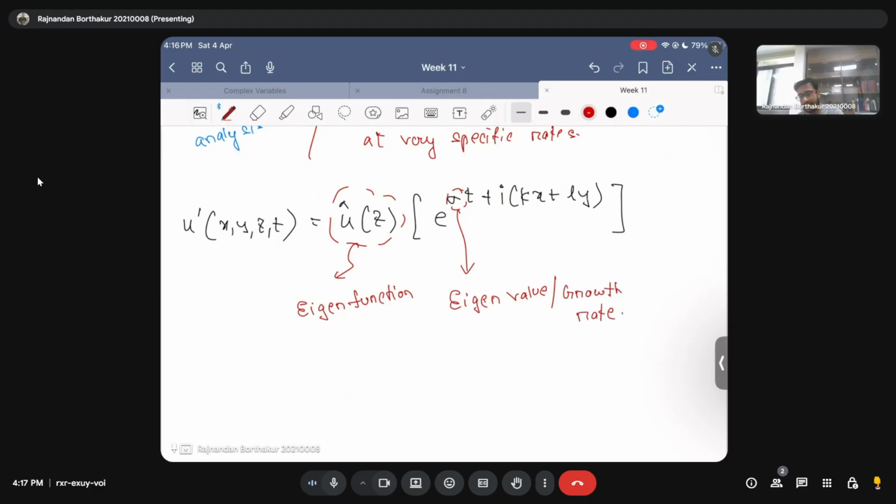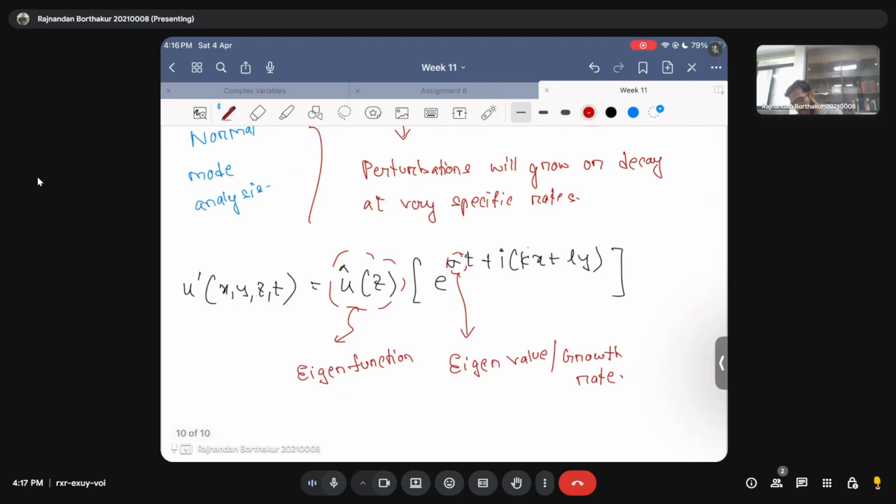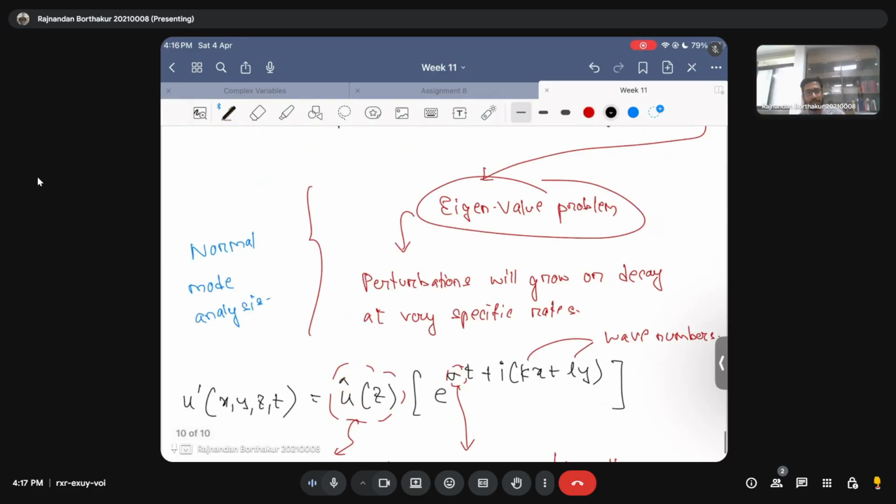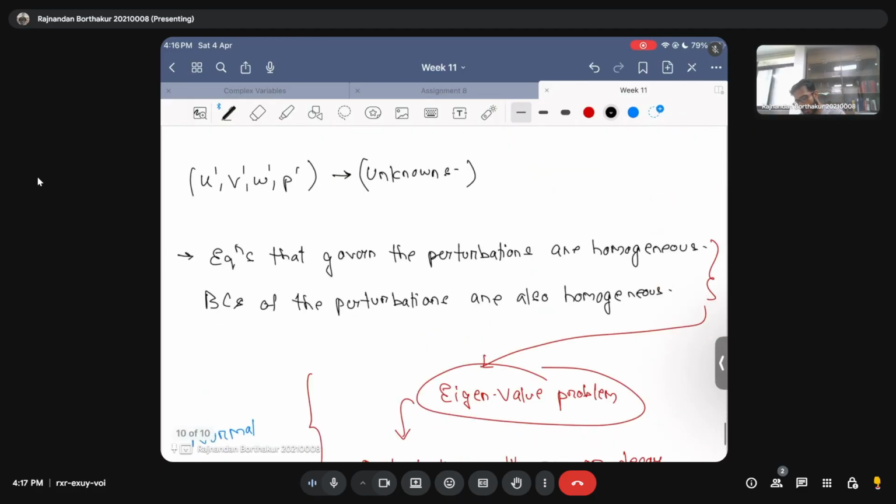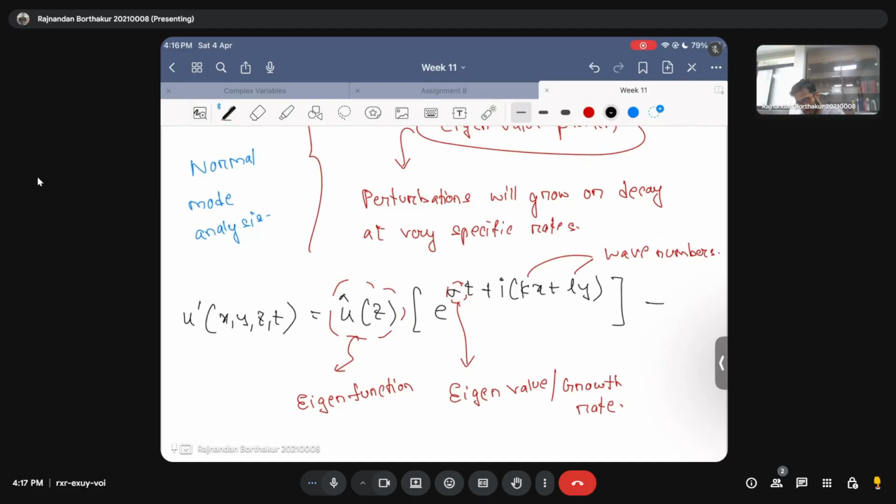So it is the sign of sigma which dictates whether the perturbations will grow with time or decay with time. And these quantities k and l are known as wave numbers. So this is how you represent the perturbation in terms of its normal modes. Maybe I'll call this equation 8a.